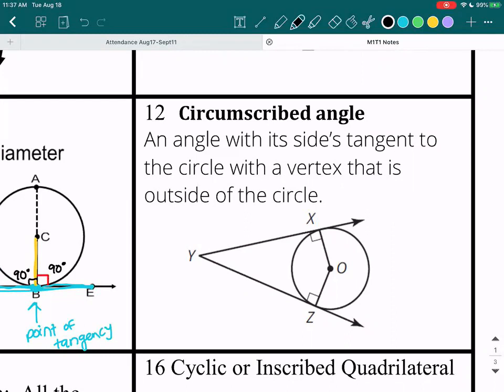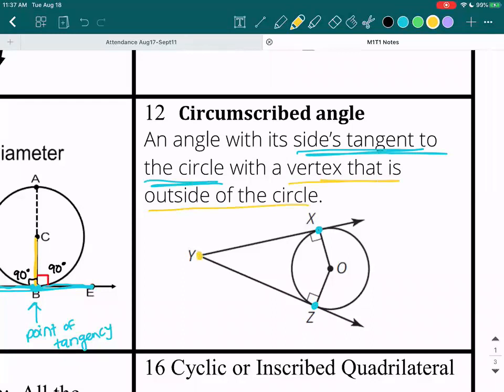Okay, cool. So number 12, circumscribed angle, an angle with its sides tangent to the circle with a vertex that is outside of the circle. Okay, so this is a circumscribed angle, which means it's got two tangent points. So remember, a tangent point touches the circle once. So it touched it once over here and once over here. So that's why the sides are tangent to the circle and the vertex is outside the circle.